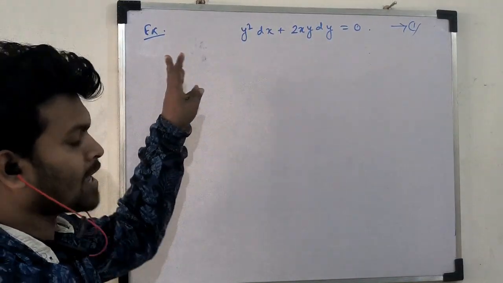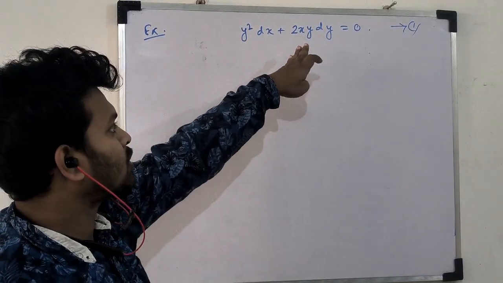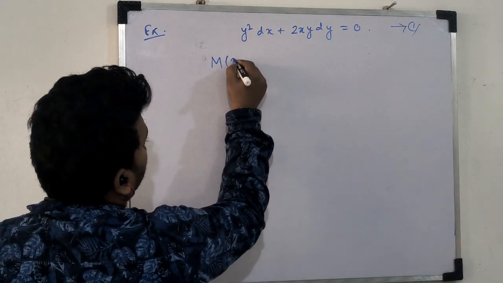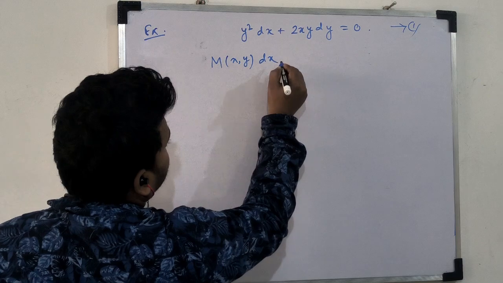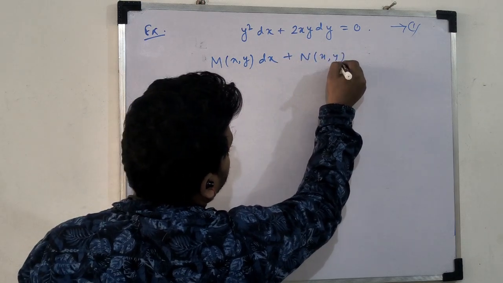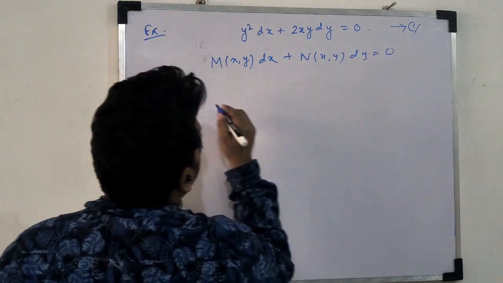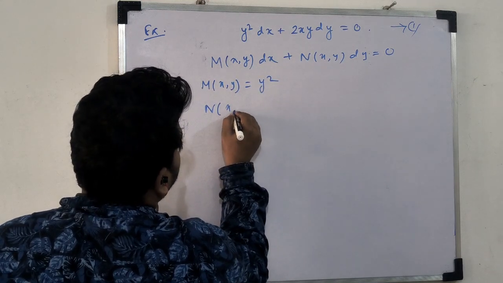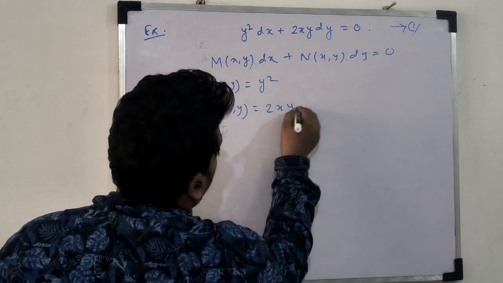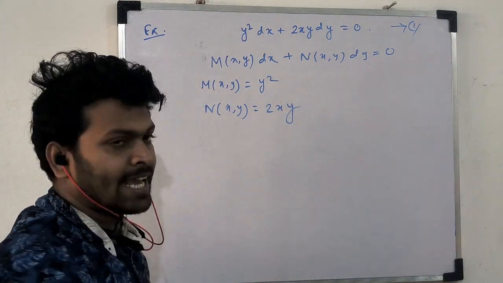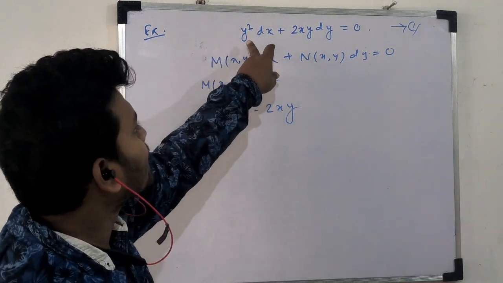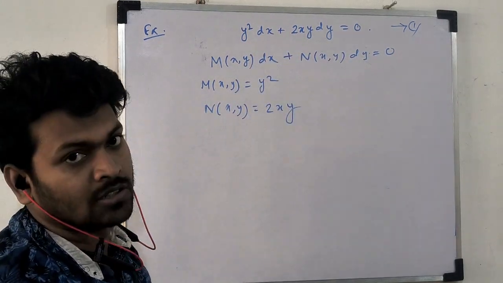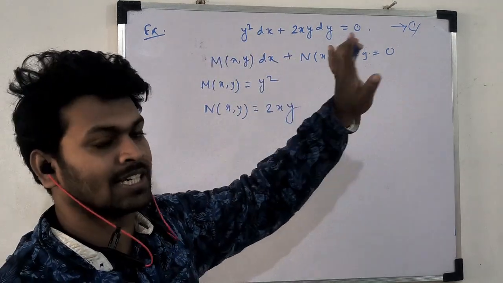So let us take an example: y squared dx plus 2xy dy equals 0. If we compare this differential equation with the form M dx plus N dy equals 0, we get M(x, y) equal to y squared and N(x, y) equal to 2xy. Now we check whether the differential equation is exact or not.